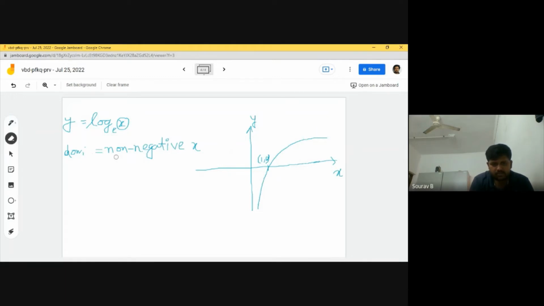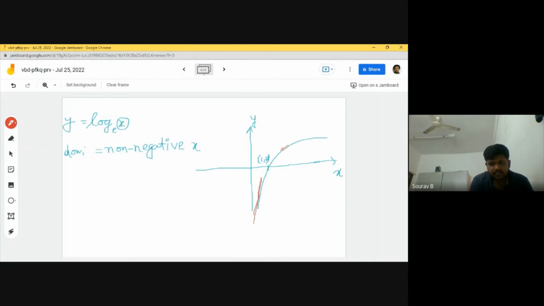So if the curve is, as you can see, the tangent here is like that. Here the tangent is like that. The slope is very high.